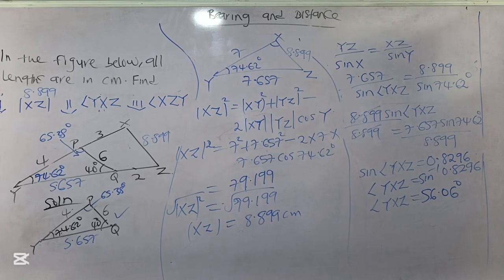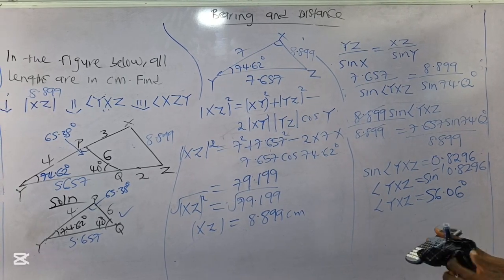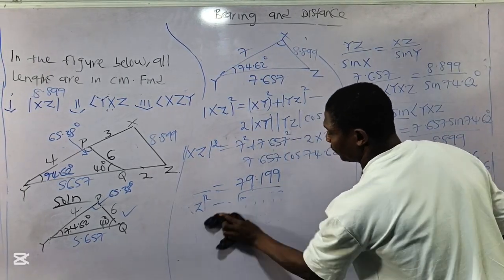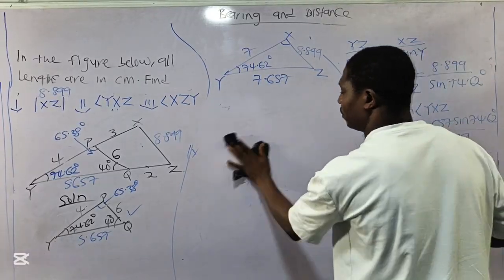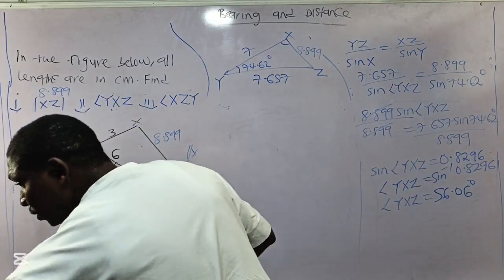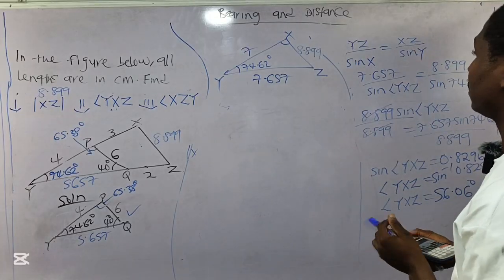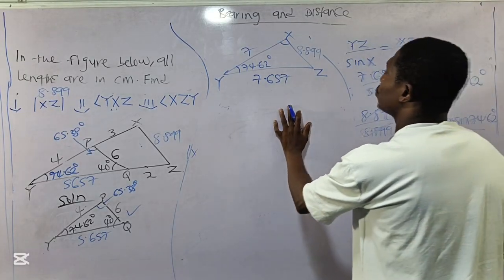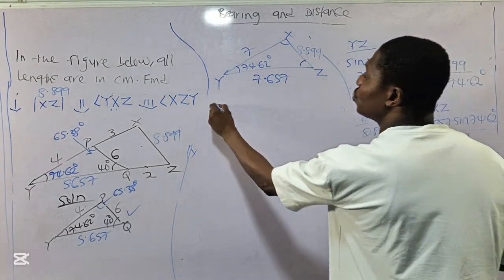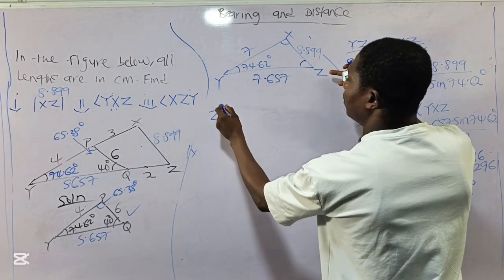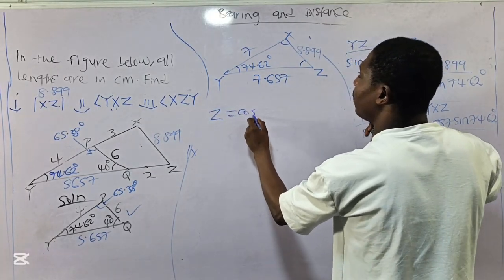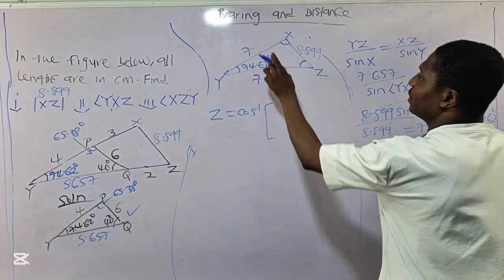Now we can simply get our angle Z. To get our angle Z, we can use the cosine rule if we choose to. Let me clean this side. I'm looking for this angle, so I'll have my Z equal to cos inverse of the three sides.